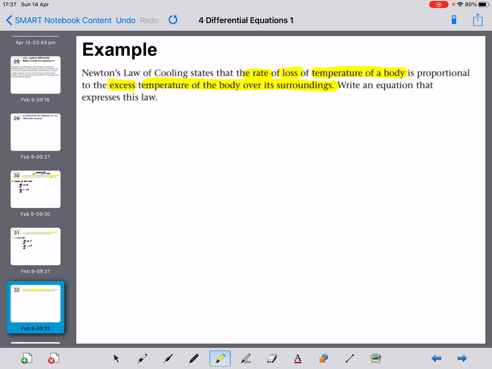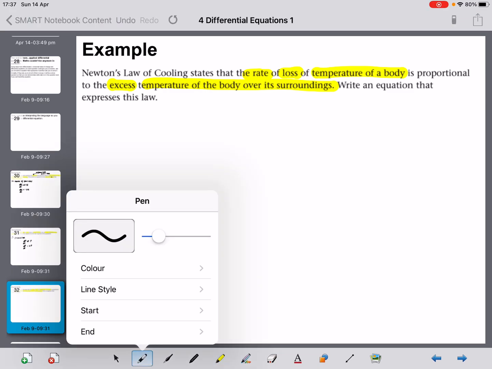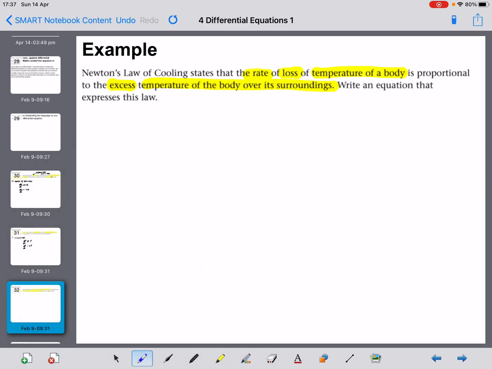Write an equation that expresses this law. Okay, so let's think about what variables we've got here. We've got a temperature of the body, so let's call that T. So T is the temperature of the body.